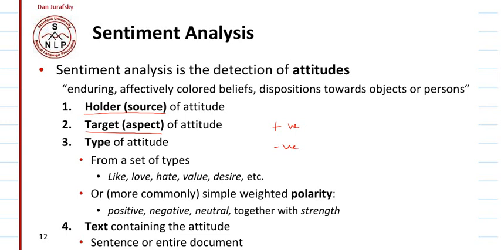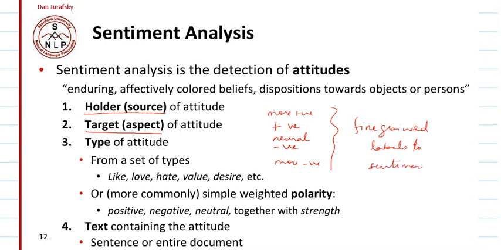It can be more positive, more negative, and we can have neutral. So we can have more fine-grained labels for sentiments: positive, negative, neutral, together with strength, etc.